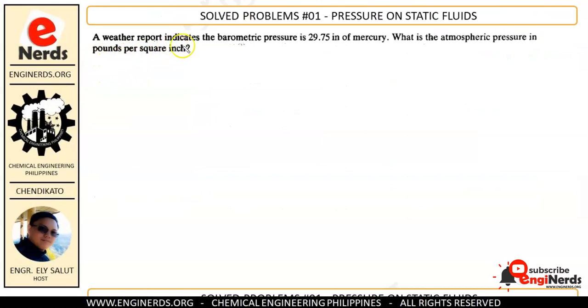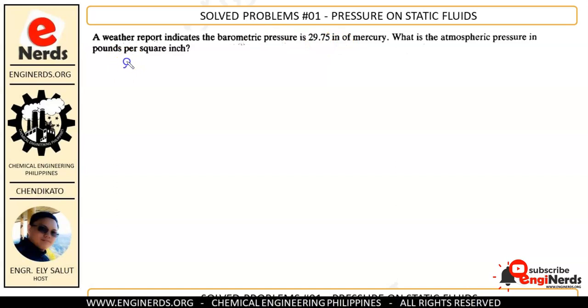A weather report indicates the barometric pressure is 29.75 inches of mercury. What is the atmospheric pressure in pounds per square inch? So, given dito ang ating pressure head. Our pressure head is 29.75 inches of mercury.